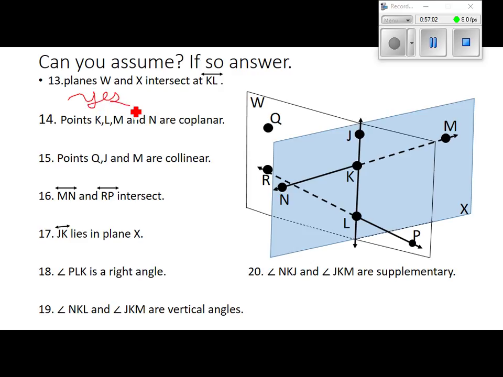Points K, L, M, and N are coplanar. What's coplanar mean again? Same plane. K is actually on both planes, isn't it? L, which plane is L on? It's on both also. M, which plane is M on?